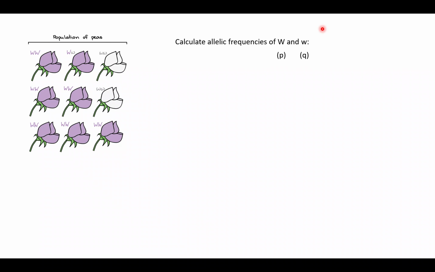It's like calculating your percentage: how much you scored divided by the total score. People solve this very simply. Anyone able to get the allele frequency of capital W?